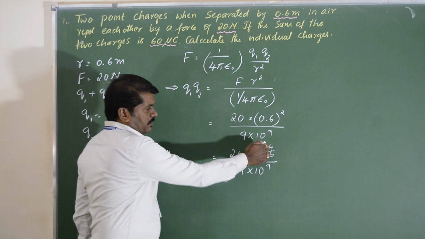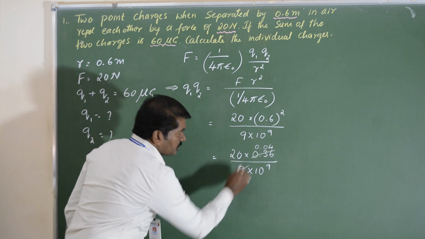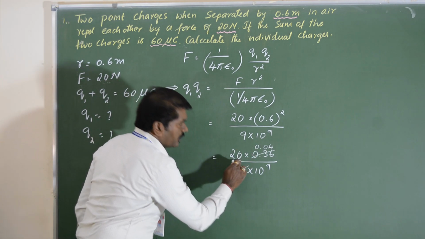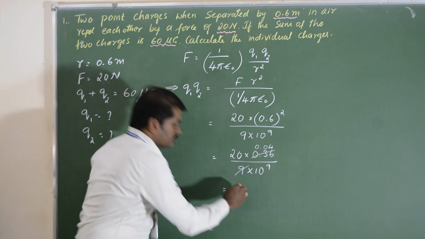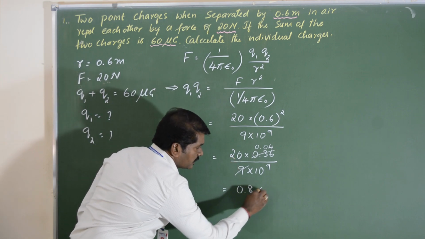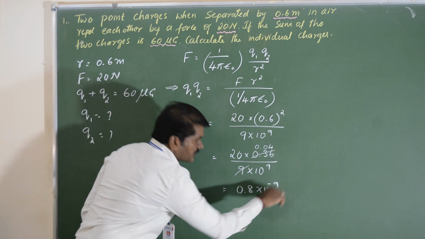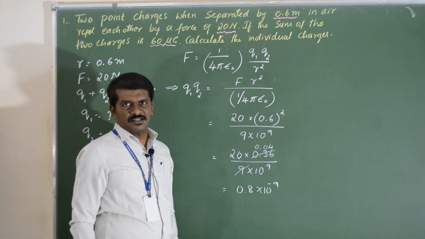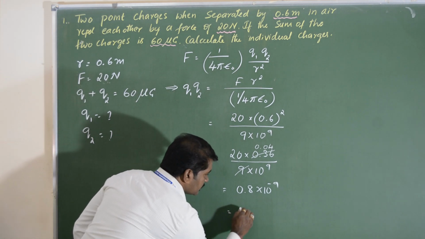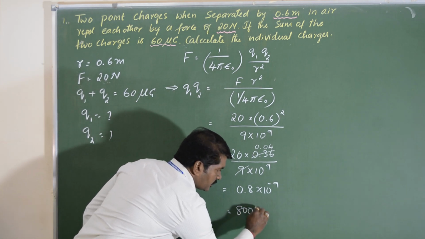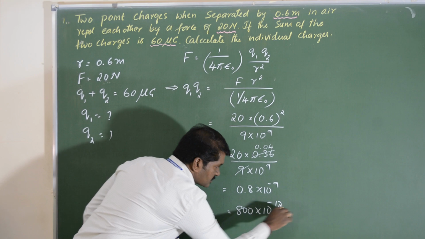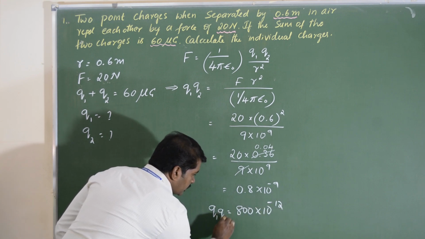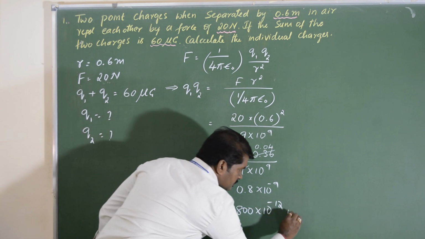So if we multiply this one, that becomes 0.04 into 20, that becomes 0.8 into 10 power minus 9. I'll write this one as 800 into 10 power minus 12. This is Q1 Q2 units.